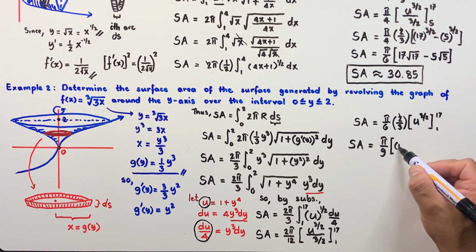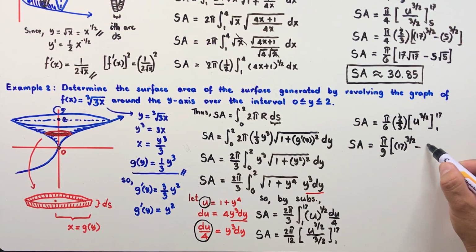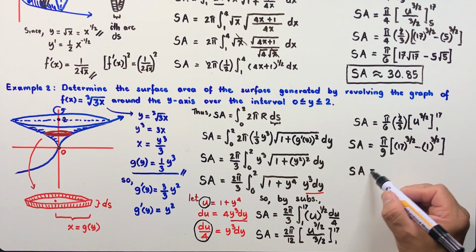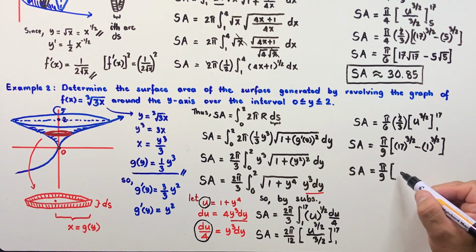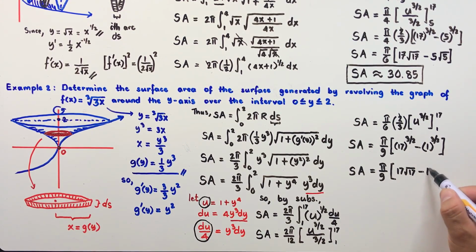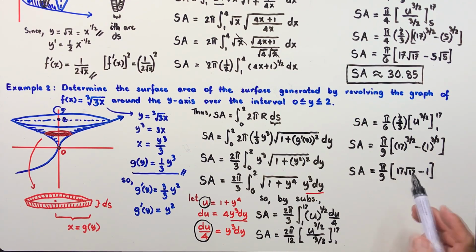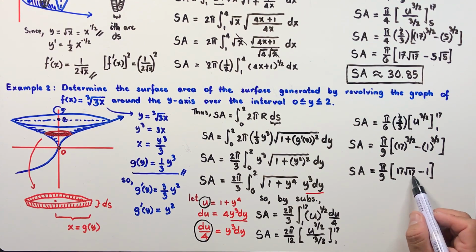So when you substitute 17 to the power 3/2 minus 1 to the power 3/2, here we've got our surface area, which is equal to pi over 9 times 17 times the square root of 17 minus 1, because 3/2 is 1 and 1/2. So we have one factor of 17 and the other factor is 17 to the power of 1/2.